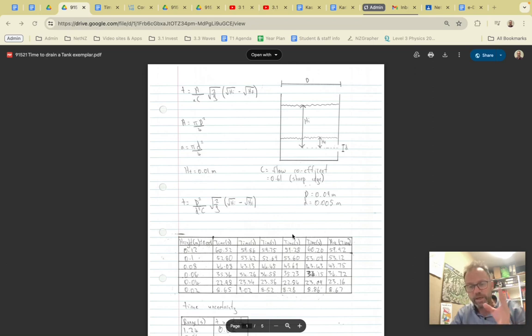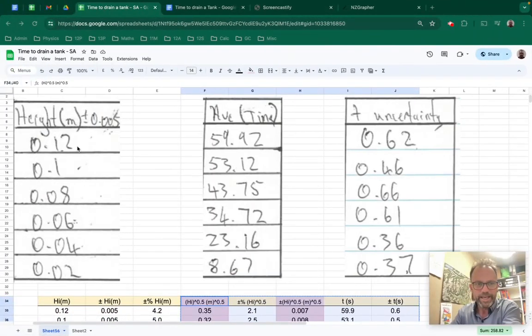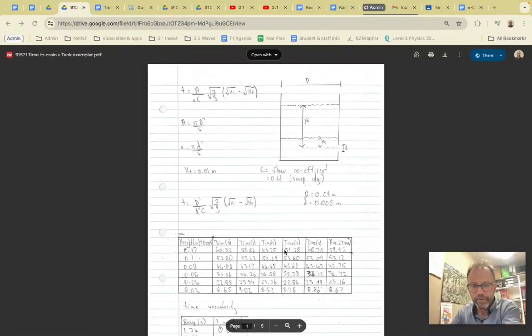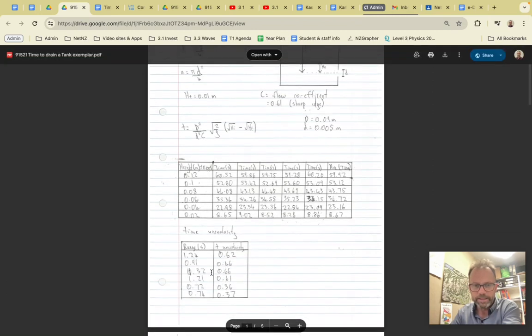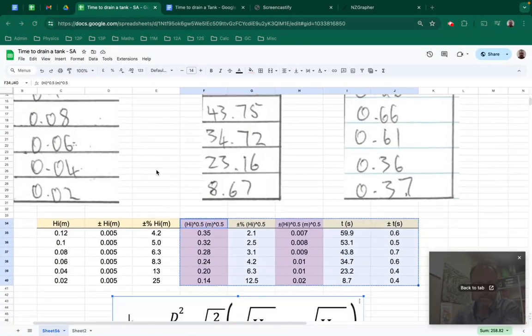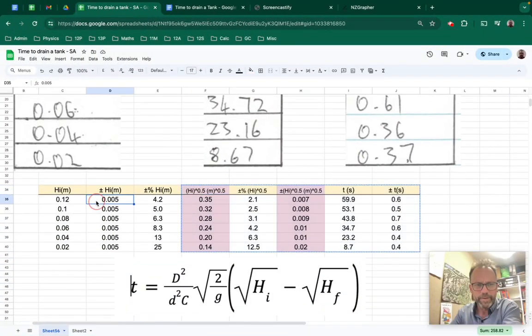So let's just assume this is all legit. And basically, there's his height, HI value. This is HI. Here's his average time. And here are his uncertainties, which he's determined from the half range rule here. Okay, and basically, that's his calculations there. So if we take that into the thing here, I've assumed that we've got an error, let's say plus or minus 5 millimeters to every distance here.